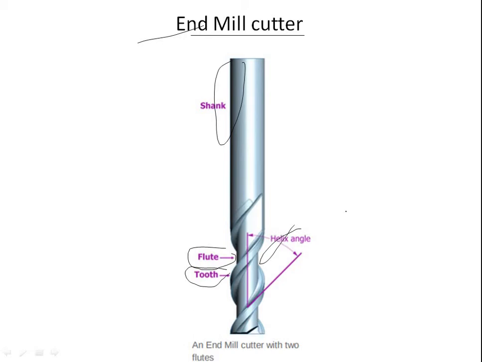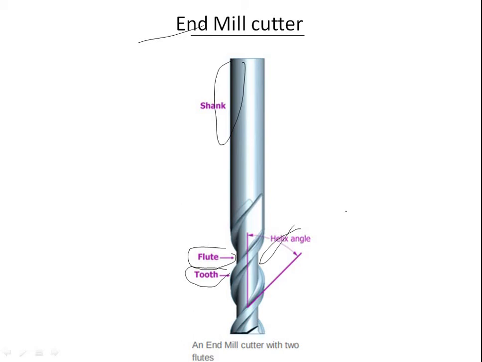Often the words flute and tooth are used interchangeably. Milling cutters may have from one to many teeth, with 2, 3, and 4 being most common. Typically, the more teeth a cutter has, the more rapidly it can remove material.